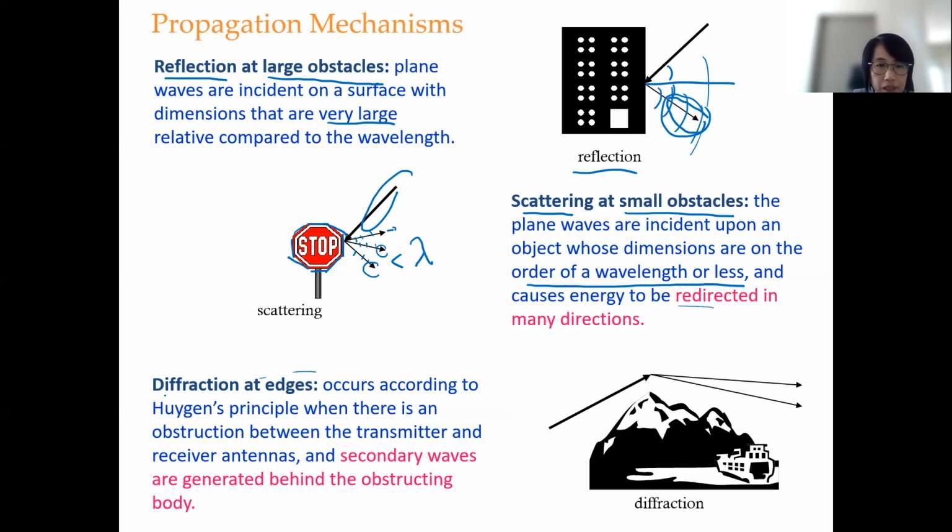Another one is diffraction at the edge. This occurs according to Huygens' principle. I think you learned it in physics when you studied waves, so you have probably heard of it before. Huygens' principle applies when there is an obstacle between the transmitter and the receiver. Say the transmitter is on the other side of this mountain, and you are on a cruise trip.